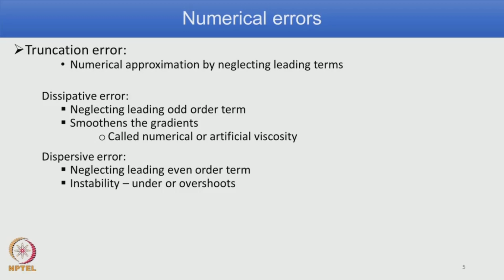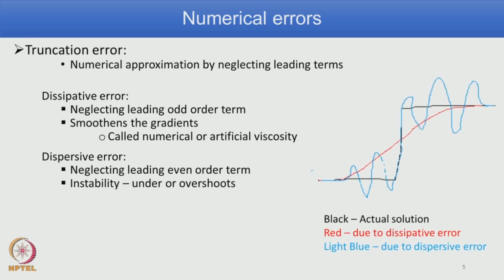Now, let us get an explanation of these two types of error with some illustration. In this figure you see there are three curves. There is a black line going like a step function, and that is the expected solution or exact solution obtained in an analytical way.